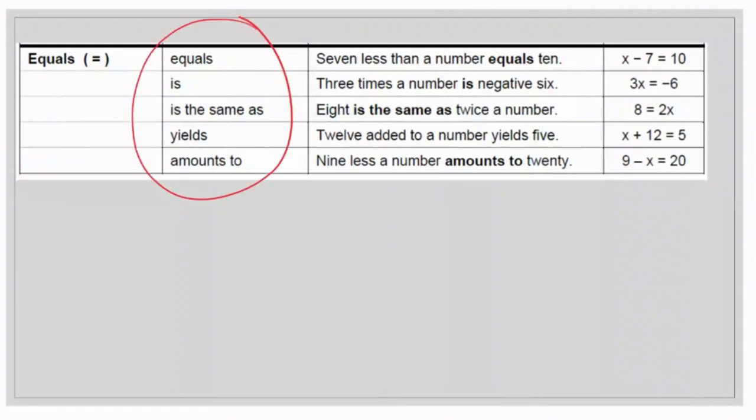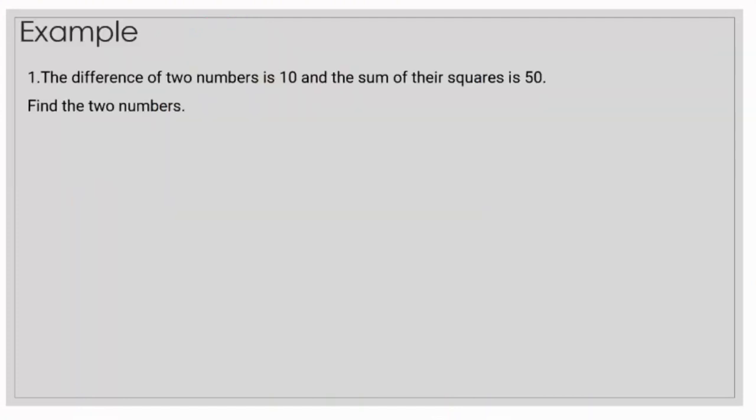Look for these keywords when you are analyzing your word problems. I am going to give you this as your Bible, that you can always go and refer to this common language. Now let us see how we apply these things in word problems.